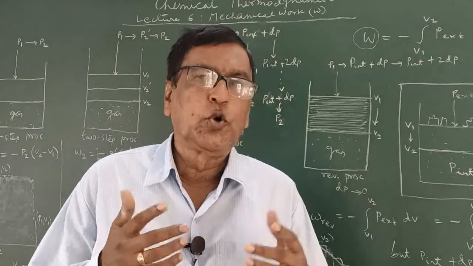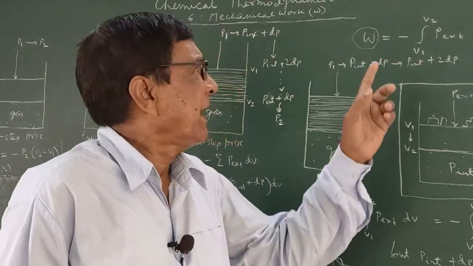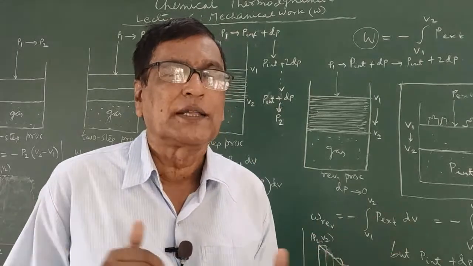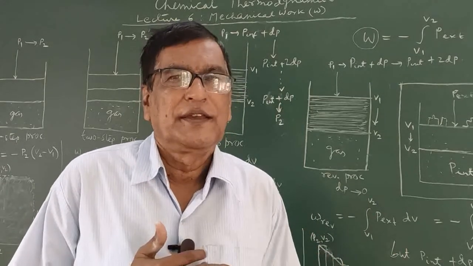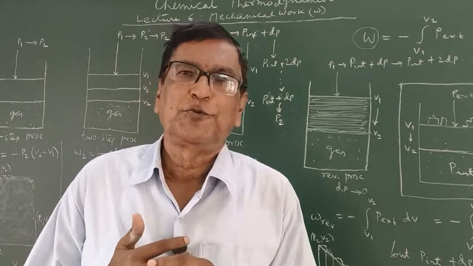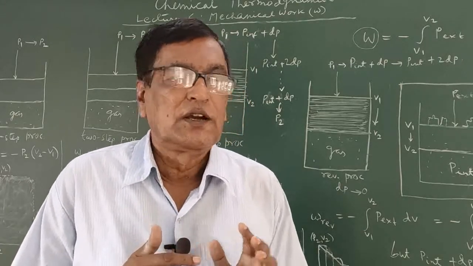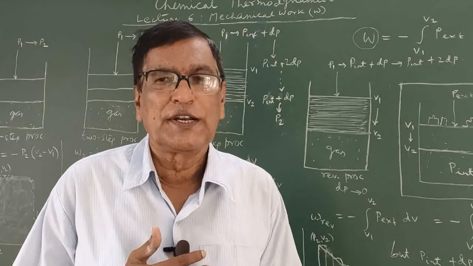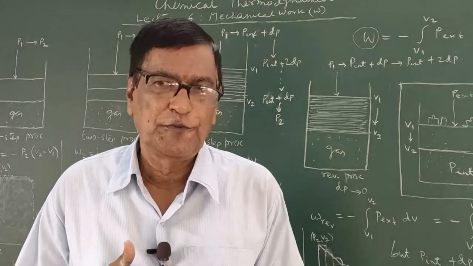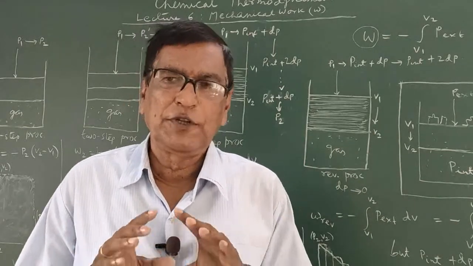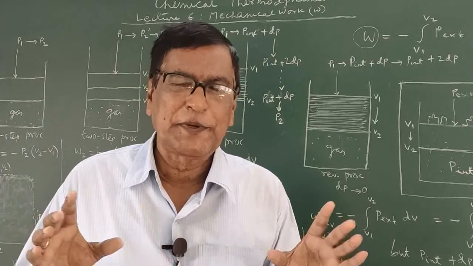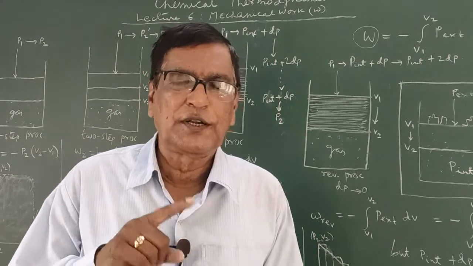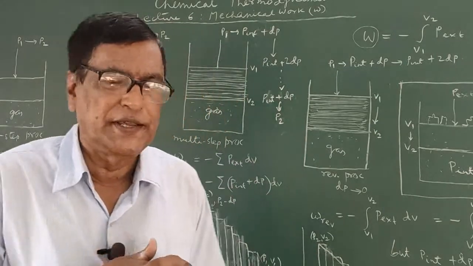Now I show how the magnitude of this mechanical work depends on the path, or the way of the process by which the expansion, by which the volume change occurs, from V1 to V2. Suppose we do this volume change from V1 to V2 in one step.